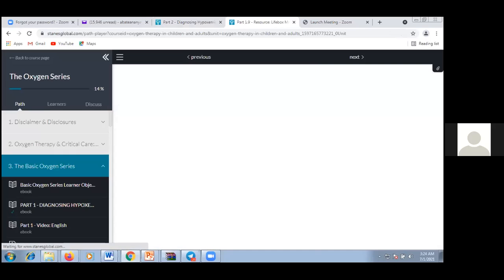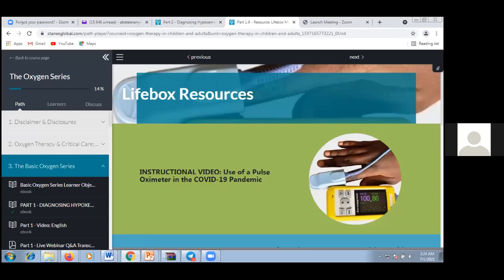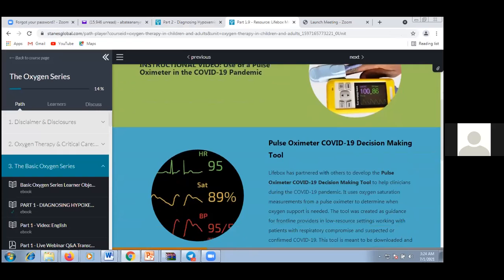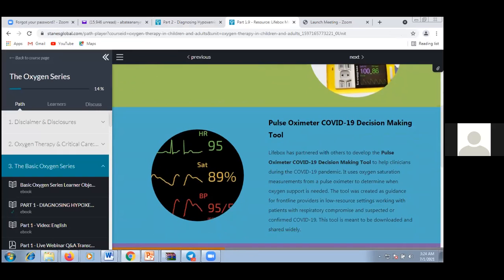Maybe I would like to show you as well one of the tools we have from Lifebox, that is a pulse oximetry COVID-19 decision-making tool. And this tool is produced by different physicians in collaboration with Pulsox and other organizations.